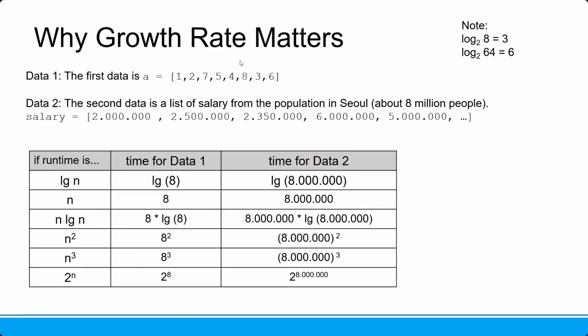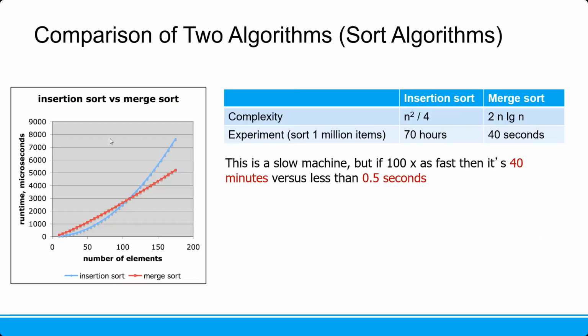So the growth rate matters, and we just need to know the function. We don't need to know this detail. So if you have algorithms to solve, at the end of the semester you need to show something like this.